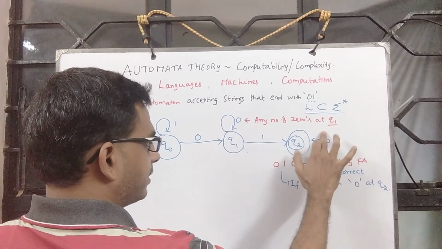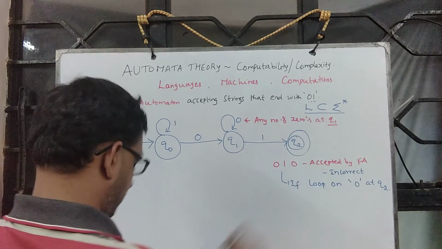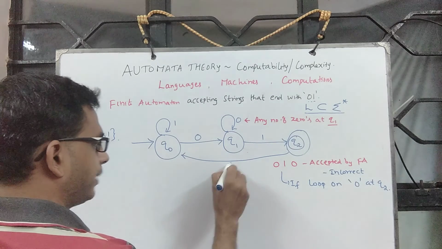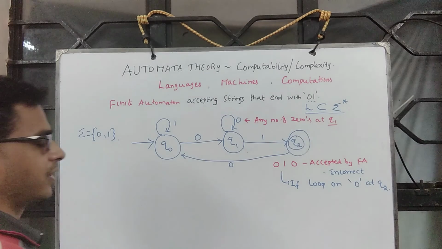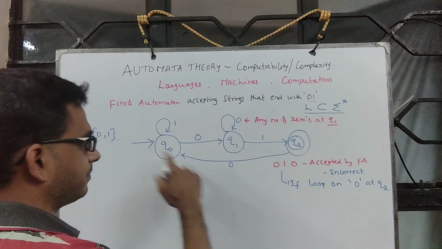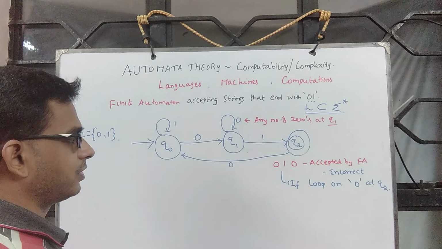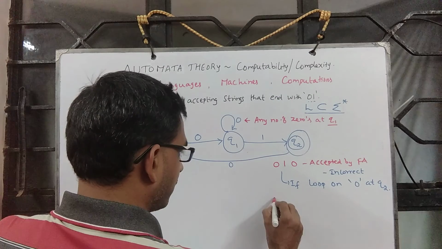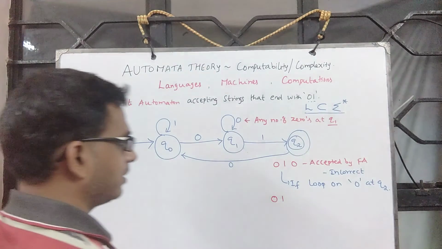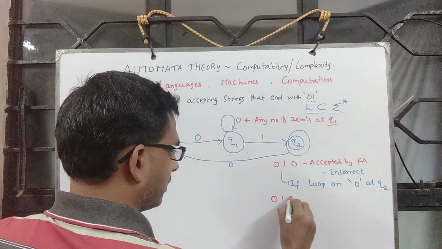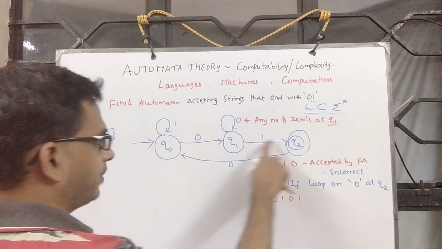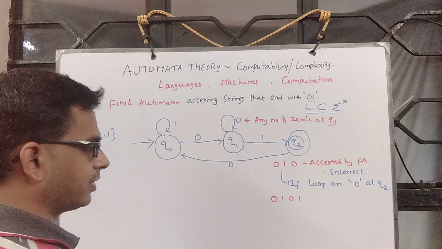Okay, so instead of this, let's assume we move to say Q0. Suppose this happens. Now look at this, say 0, 1 and 0, 1. 0, 1, 0, 1, it's a valid string.